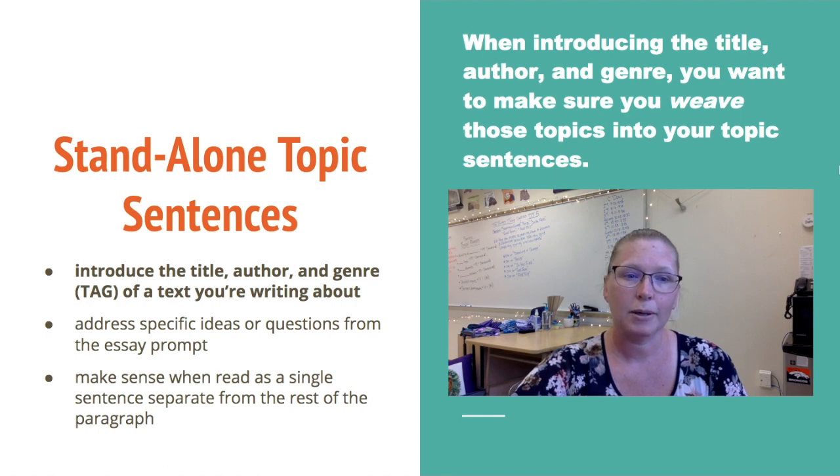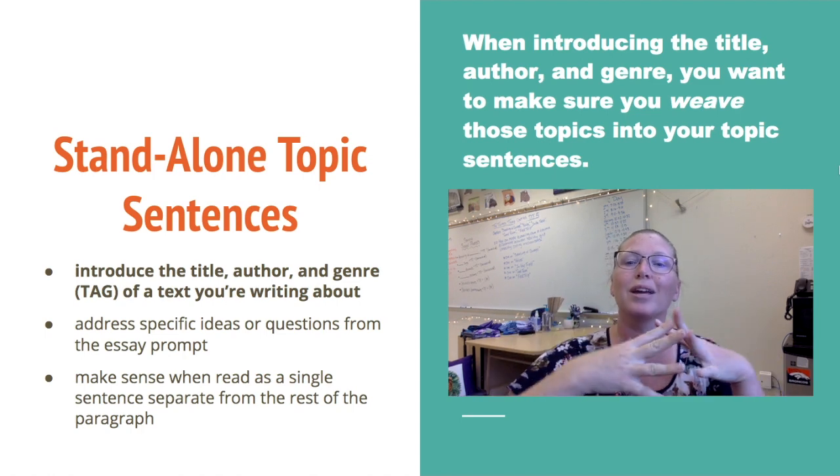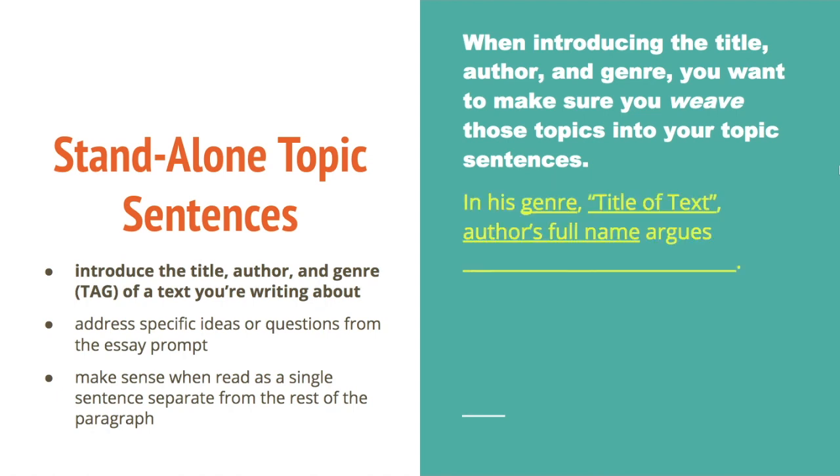For standalone topic sentences, you always want to introduce the title, author, and genre of the text you're writing about, and you do that by weaving those things into your topic sentence. You might do that with this sentence frame: in his genre, title of text, author's full name, argues. So that might read, in his novella, The Pearl, John Steinbeck argues what?